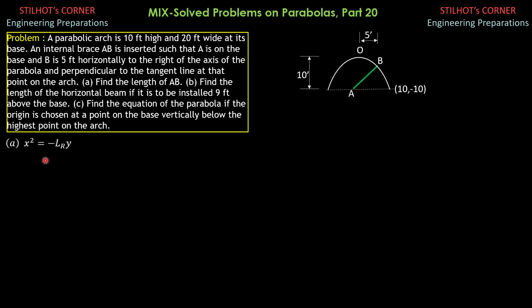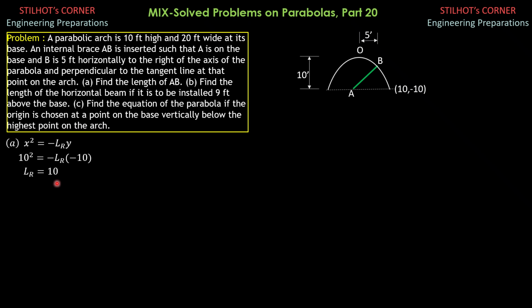So we need the length of the latus rectum, and we use these coordinates to solve for it. 10 squared equals negative latus rectum times negative 10. Therefore, the length of the latus rectum is 10 feet.